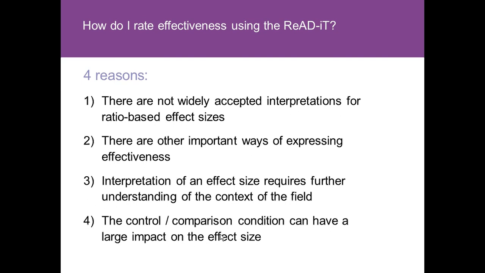Second, there are other important ways of expressing effectiveness, such as the number needed to treat, which can also be taken into account when considering the effectiveness of an intervention. Third, the interpretation of an effect size requires further understanding of the context of the field of research.